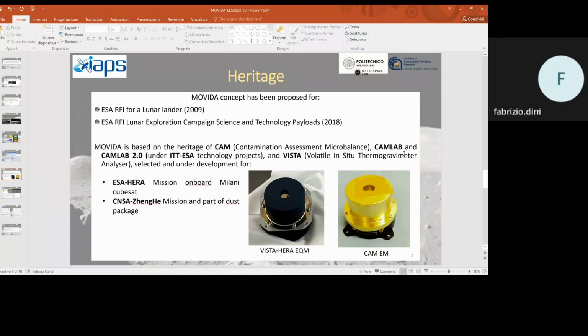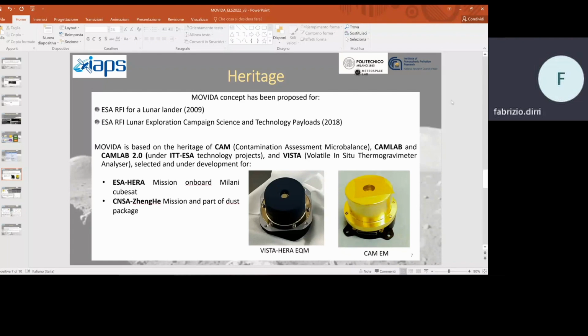Okay. So the CNSA Zhenghe mission, is that an asteroid mission? I've kind of lost track of all of what they're planning. Yes, as you well know, maybe it's not very easy to have information from China, but the aim of the first one was to characterize the asteroid Kamoʻoalewa, but now they changed the objective of the mission.